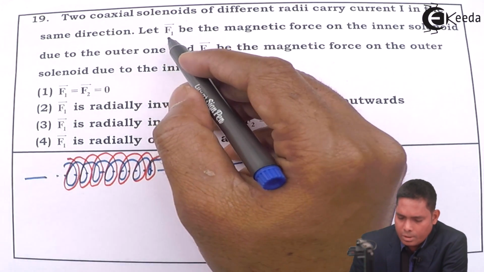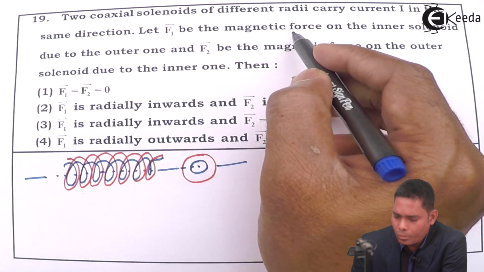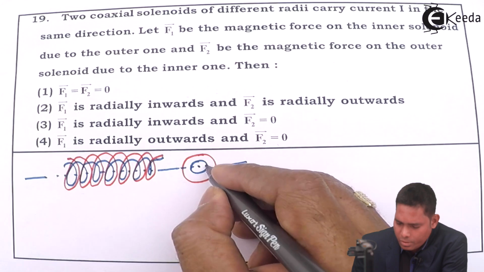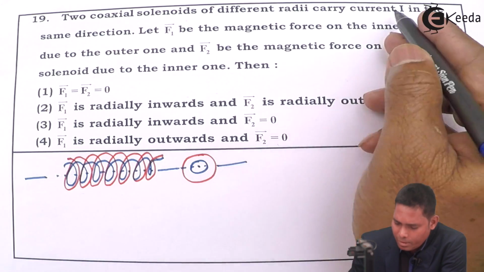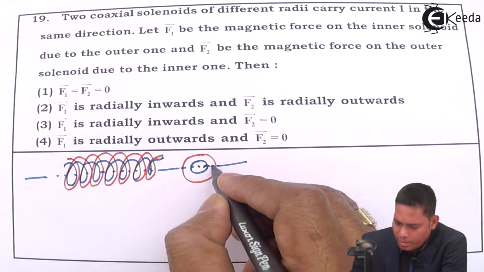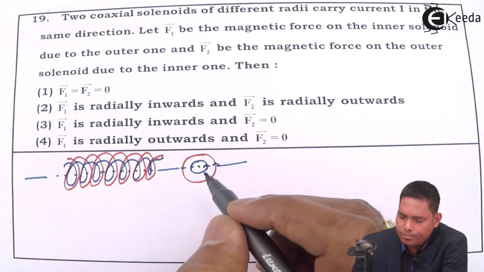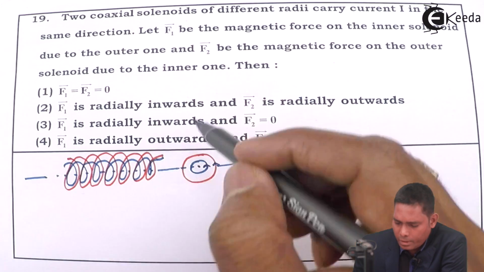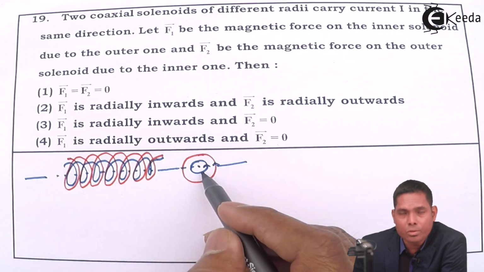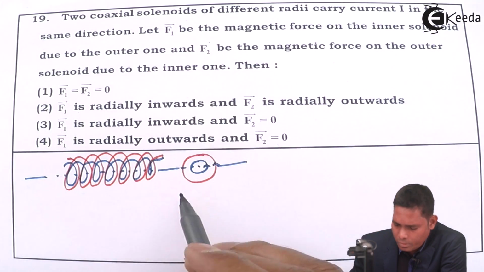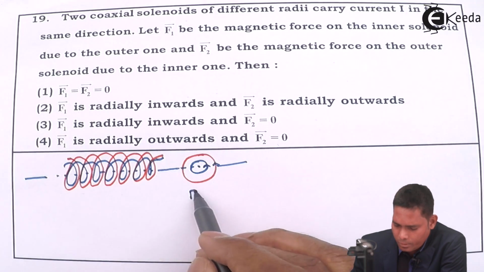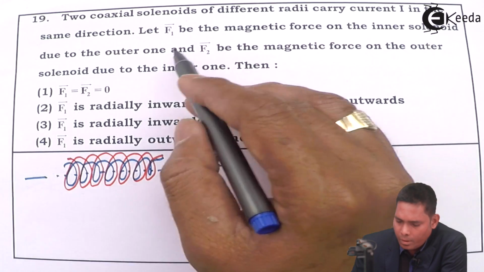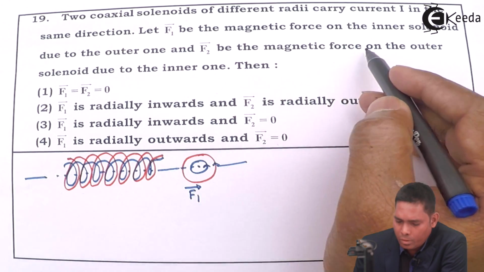Now the question is, let F1 be the magnetic force on the inner solenoid. On this, the current is in the same direction, so I'll say that this is the direction of the current. They are in the same direction. If F1 is the force on the inner solenoid, this experiences a force of F1, and F2 be the magnetic force on the outer solenoid.